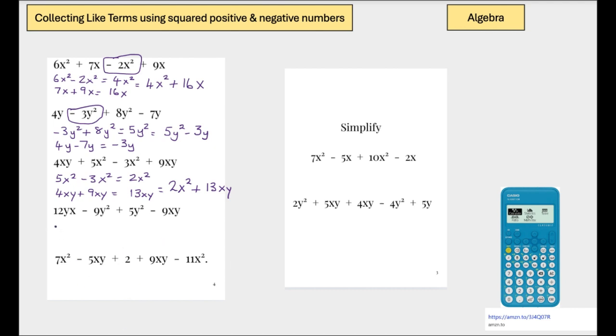So we have negative 9y squared. Not a plus, sorry. Oh, it is a plus, sorry. Yeah, 5y squared. I should have left more space in between. I'm getting confused myself. So that's minus 9 plus 5 equals negative 4y squared.